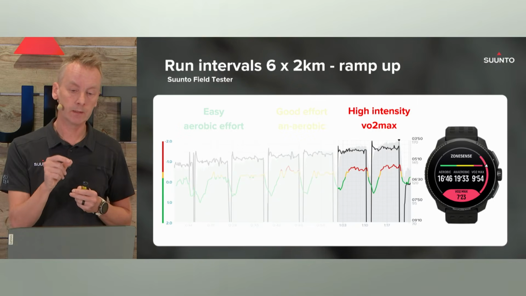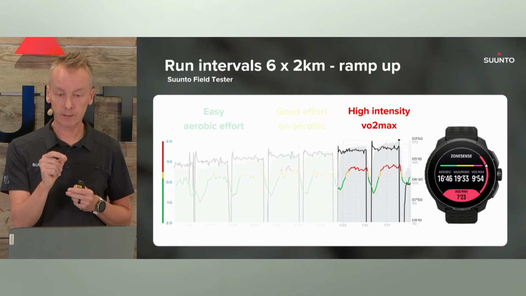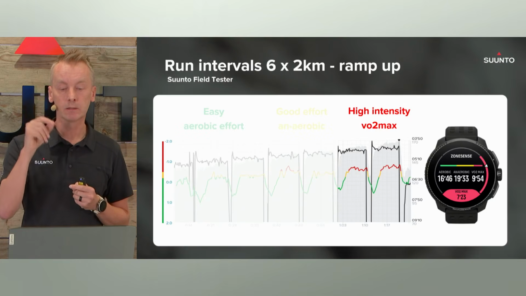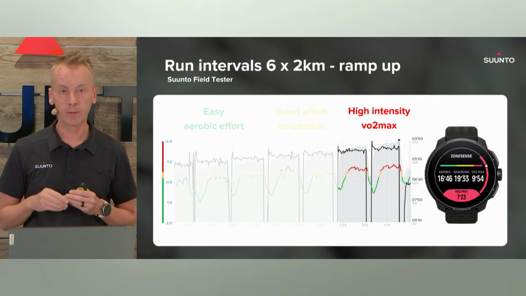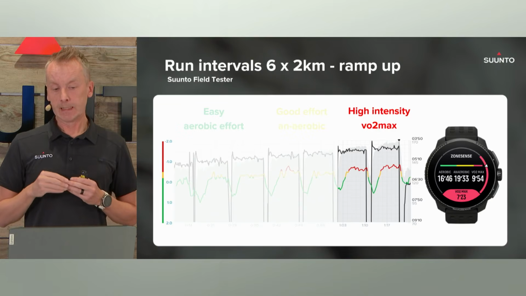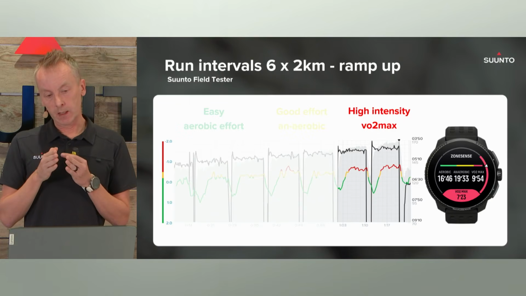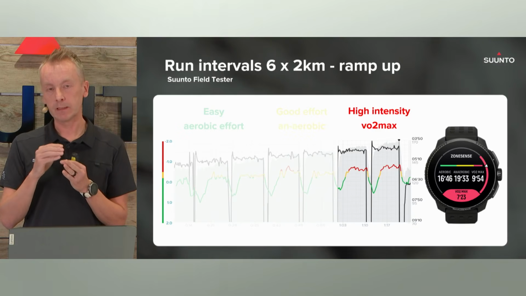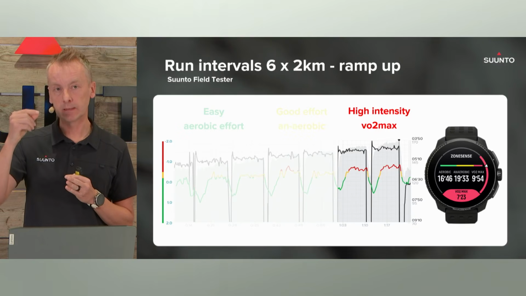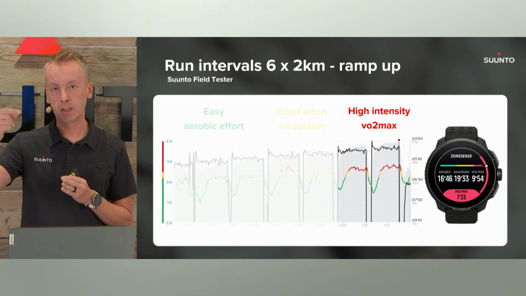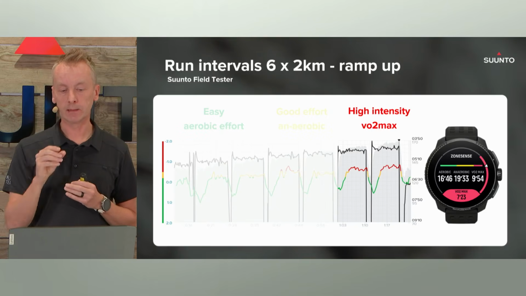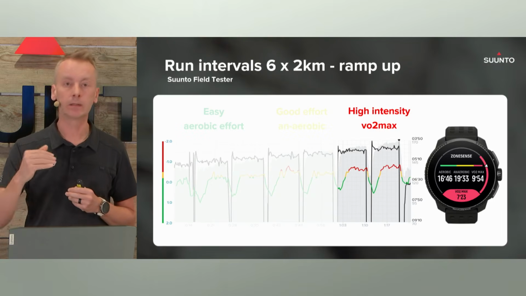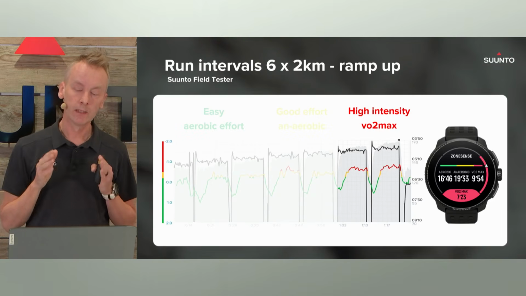So what you can see here is that when, for example, in the last repetition, the athlete is increasing the pace, 340 per kilometer, the ZoneSense data has a so-called 1 to 2 minute lag. So it means that it starts to gradually increase to the intensity that you are expected to be. So you can see that the first 1 minute it's green, and then the next 30 seconds it's yellow, and then it's increased to the red zone. So there is a lag.